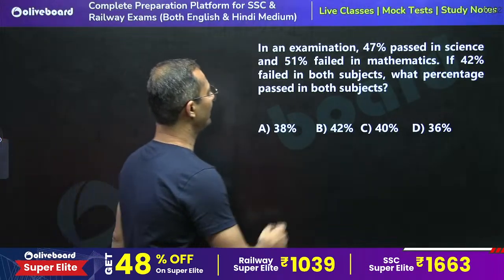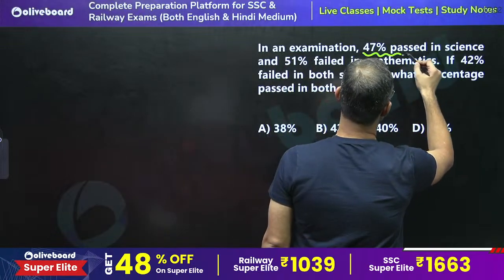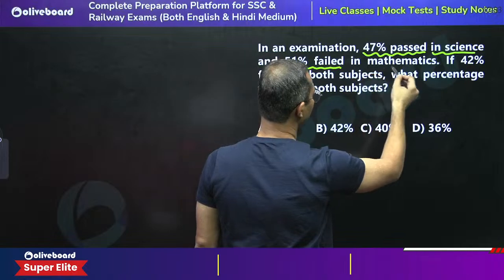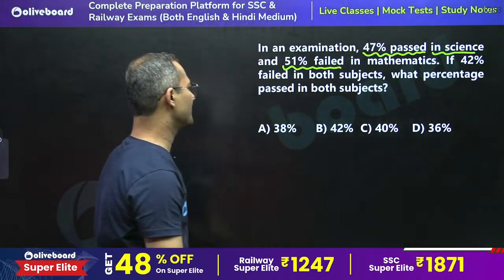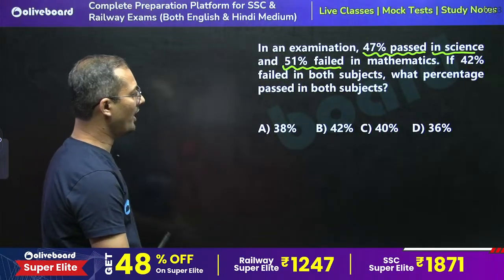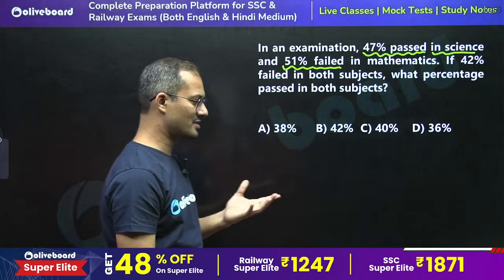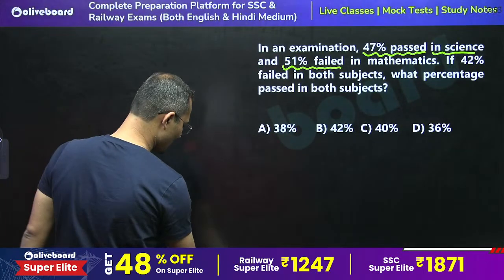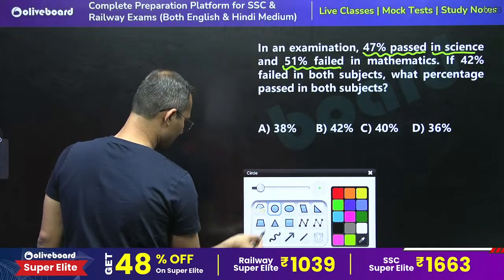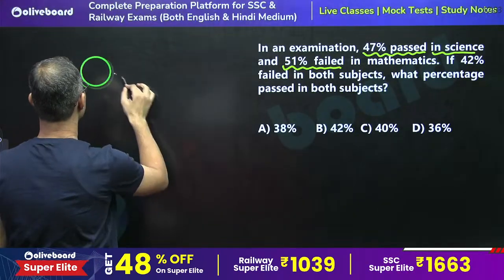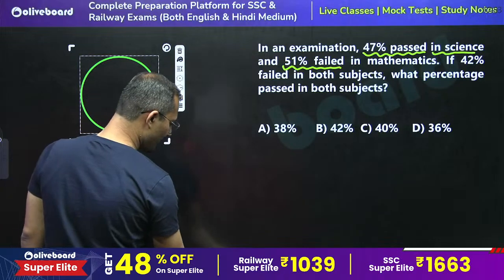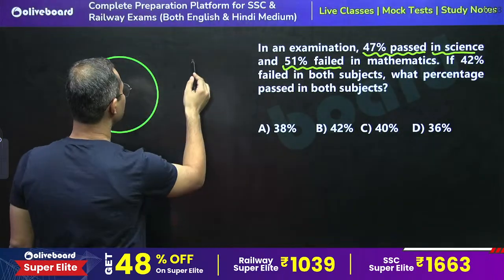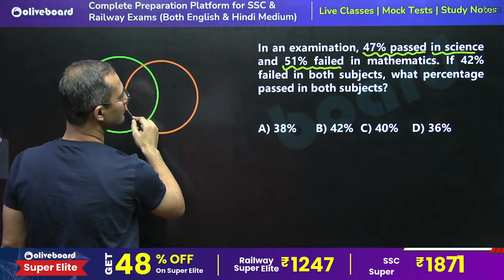See, in an examination, 47% passed in science and 51% failed in mathematics. If 42% failed in both subjects, what percentage passed in both the subjects? The question is asking both pass percentage, right? So here we can use the Venn diagram approach. Take the first circle for science and another circle for mathematics.